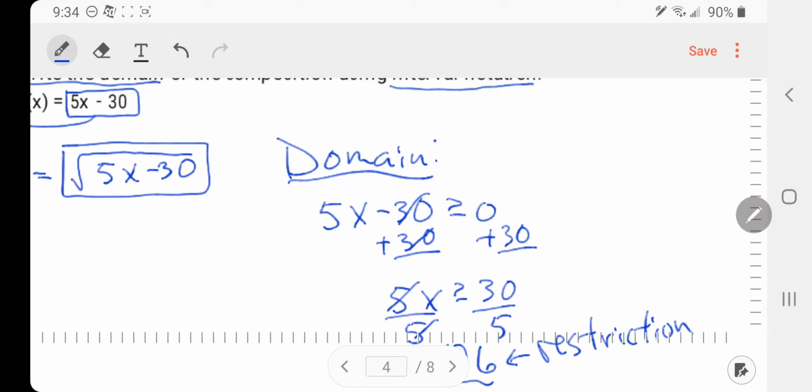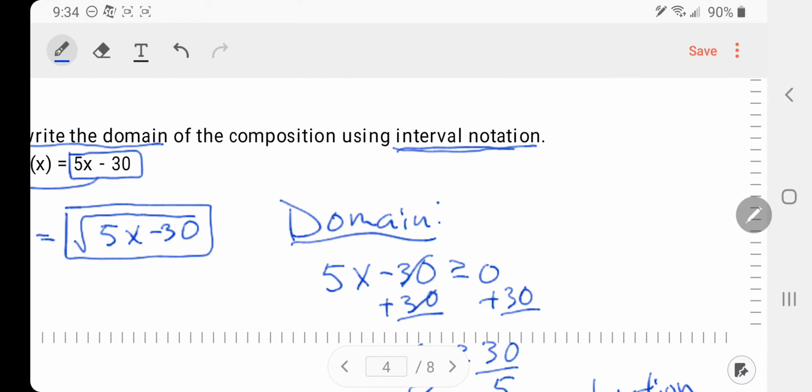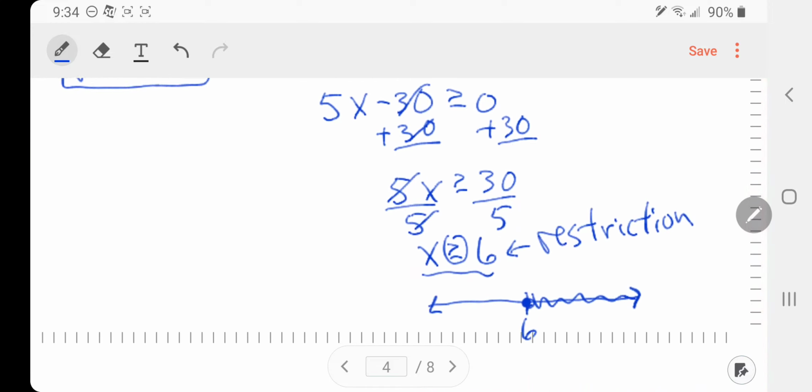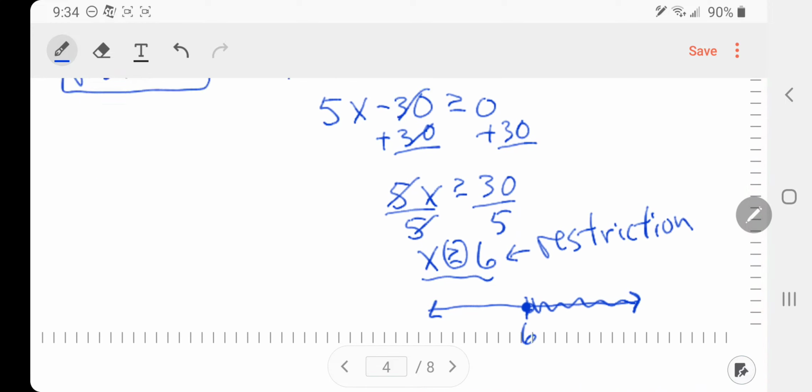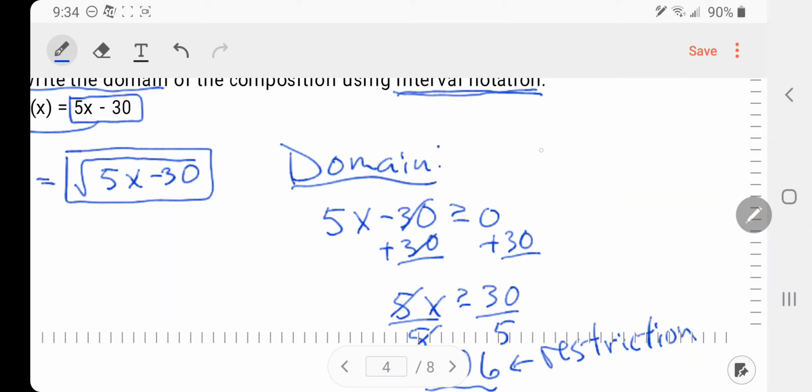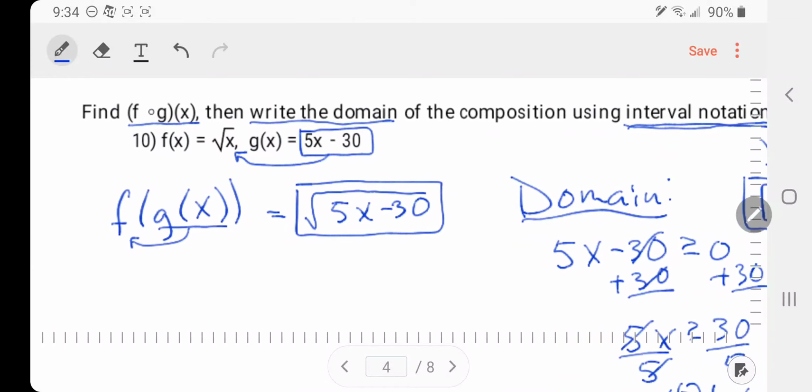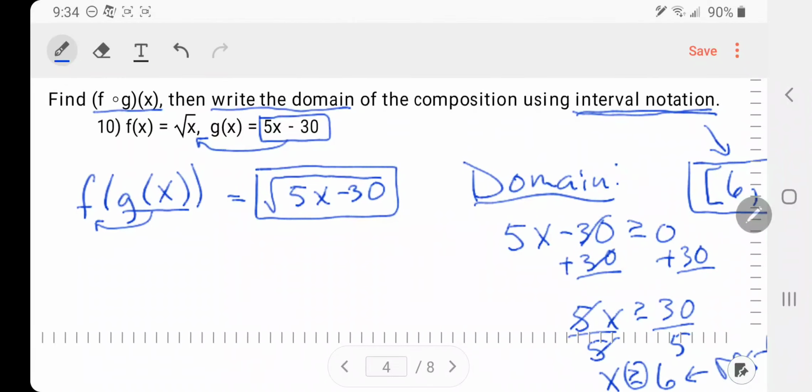So how do we turn that into interval notation? Well, interval notation says describe what is shaded. Since the dot is solid, we're going to have a bracket, and the shading starts at 6 and goes on forever. And so that means it's going to be 6 to infinity, and that is interval notation. So there's the answer to that problem, the composition and the interval notation.